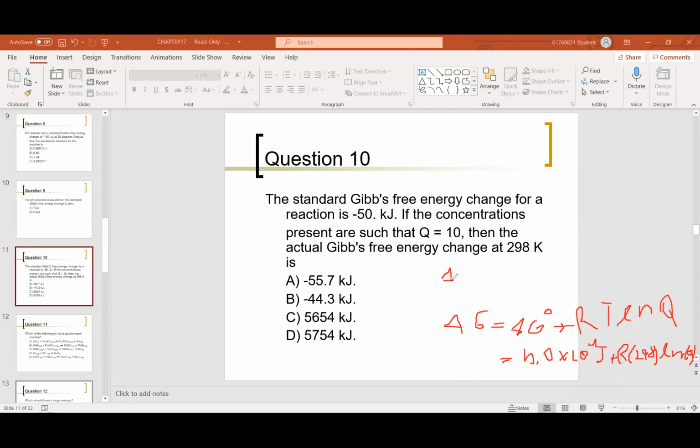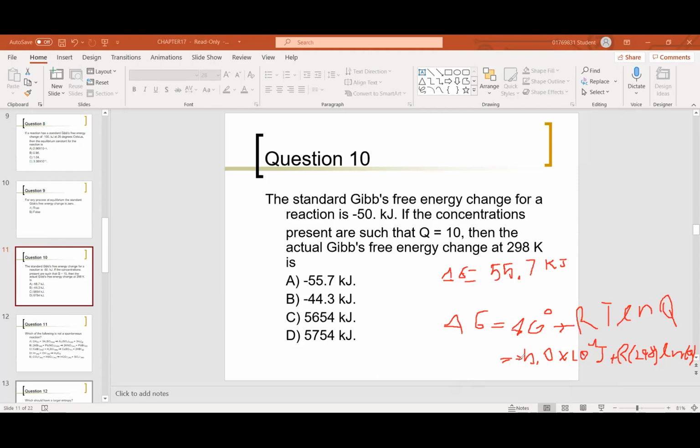Delta G would equal, let me just scale this down. 1, 2, 3, 50, there it is. 5.7. Wait a second. I forgot the negative sign. God, I have to do that whole thing again.